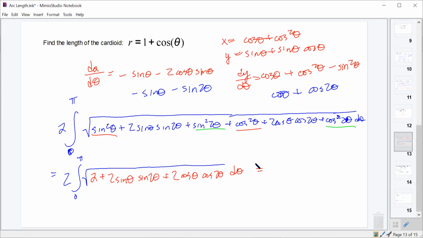It's possible to do, but unpleasant. So what does that come out to be on your calculator? And don't forget to multiply it by the 2 at the end there.